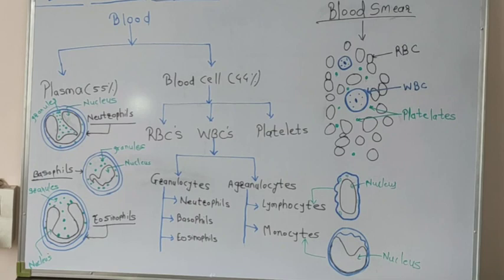When there is a bluish or violet color, those are WBCs. And when there are very fine, very small dot-like or granule-like structures, they are platelets.